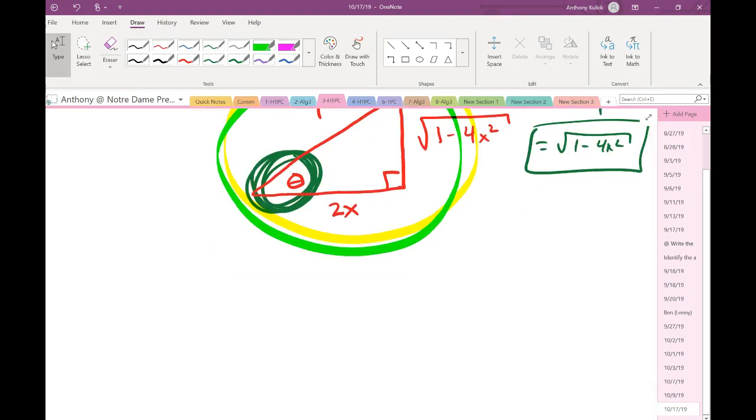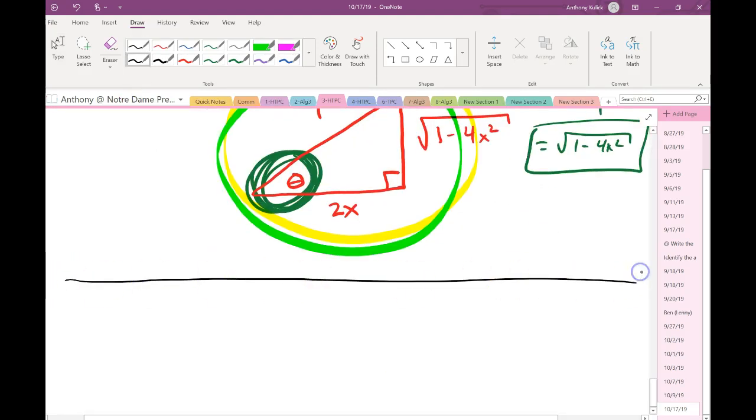So the single biggest takeaway here, the thing that I really want you guys to remember, is that when we take the sine of an angle, we get a ratio of side lengths.